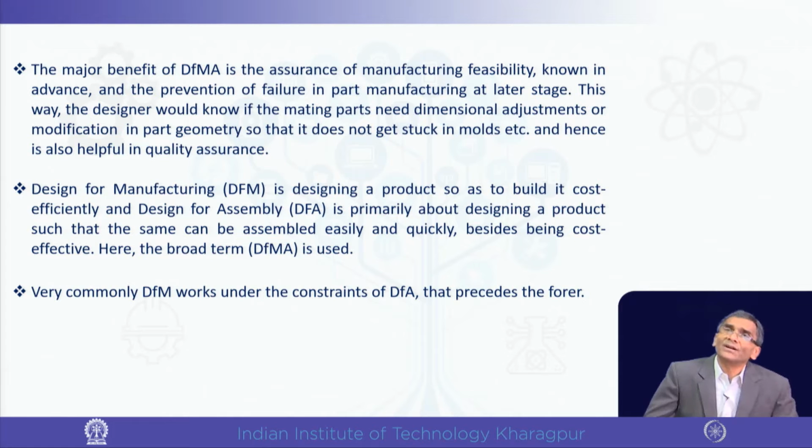Similarly, when we are designing for manufacturing, it is DFM, and when designing for assembly, it is DFA. DFM and DFMA are primarily targeted at cost containment or reduction. That gives the competitive edge, of course, besides ease and proper quality.